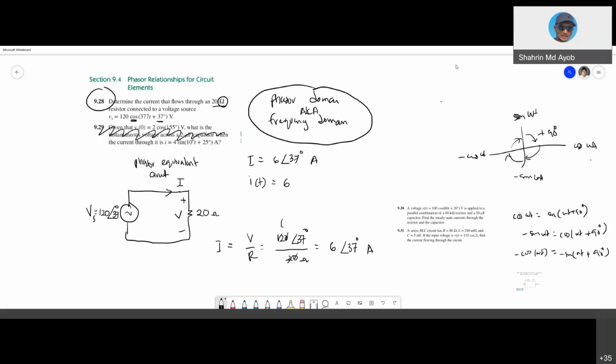Just follow cos, and the omega is 377, so 6 cos(377t + 37 degrees) ampere. So this is your time domain answer.